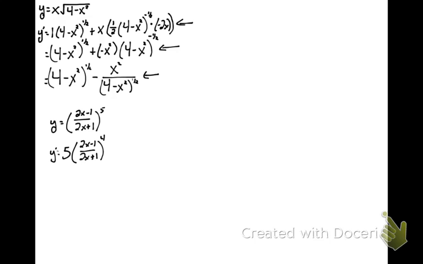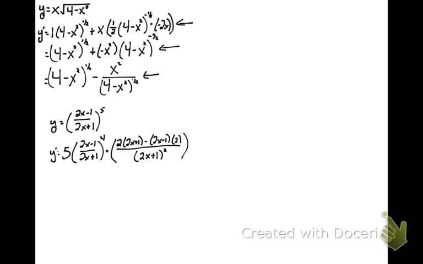And then the derivative of the inside, I need to use the quotient rule. So the derivative of the numerator is 2 times the denominator minus the numerator times the derivative of the denominator, and this will all be over the denominator squared.